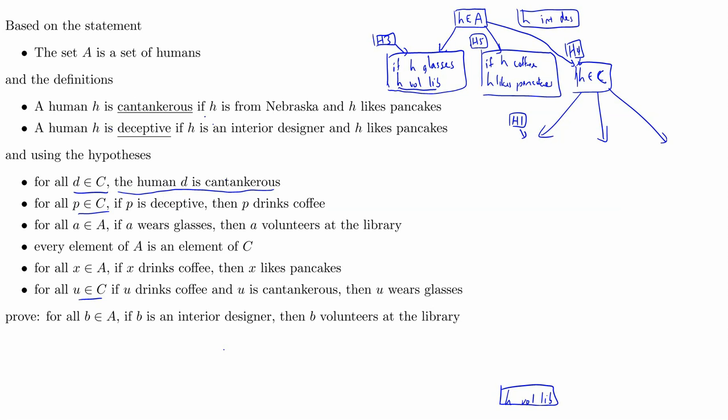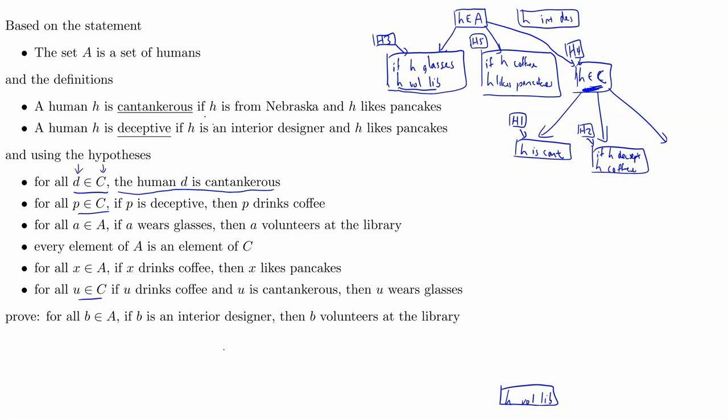You just get that H is cantankerous, not D, because you've got to replace the little d with the actual thing you have from capital C, and the thing that we have from capital C, as you see over here, is called an H. So we have that H is cantankerous. I'll just abbreviate it that way. From H2 together with little h belongs to C, we have: if H is deceptive, then H drinks coffee.